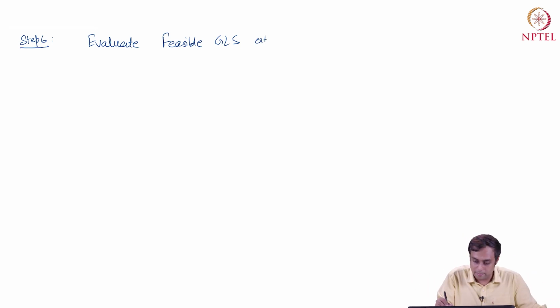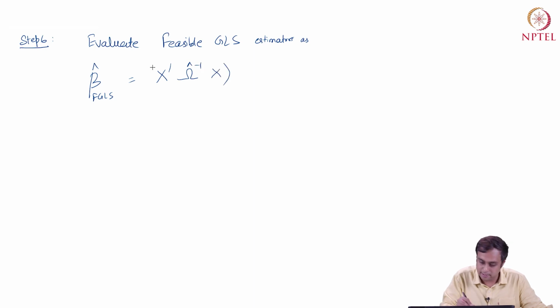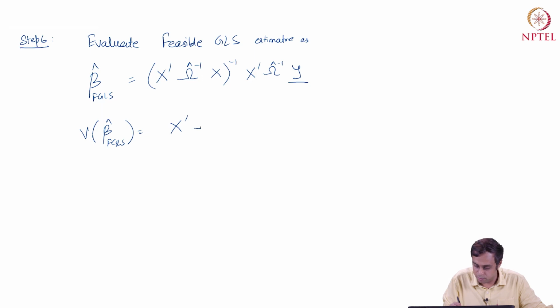So beta hat FGLS equals X prime omega hat inverse X inverse, times X prime omega hat inverse y, and the variance of beta hat FGLS is given as X transpose omega hat inverse X, the whole thing inversed, right?